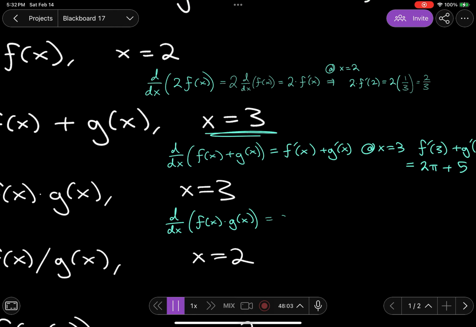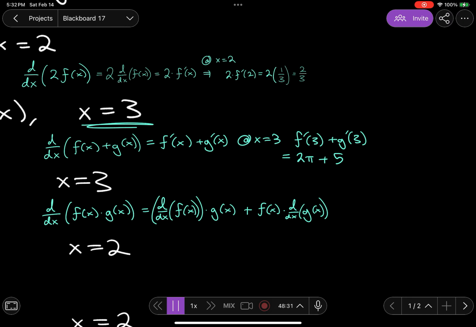This is equal to the derivative with respect to x of f of x times g of x. So what that is: I grab the first function, take its derivative, and then multiply by the second. Don't change the second. And then, of course, I add to this f of x times the derivative with respect to x of g of x. Again, this is what I call the product rule for derivatives.